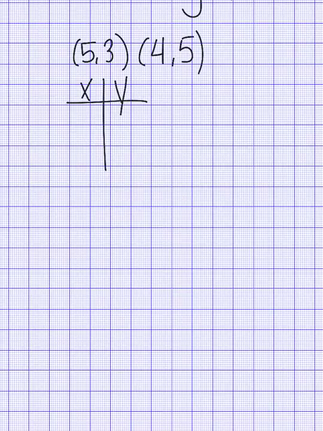Now it doesn't matter the order in which you put the points in. You could put them in order from their x coordinates, meaning 4 is smaller than 5, so you could put 4, 5 first. But let's say you put 5, 3 first because you did it in the order that it came. It's fine. It'll work out the same no matter which way you put them in. So 3 to 5 is plus 2, and 5 to 4 is minus 1.